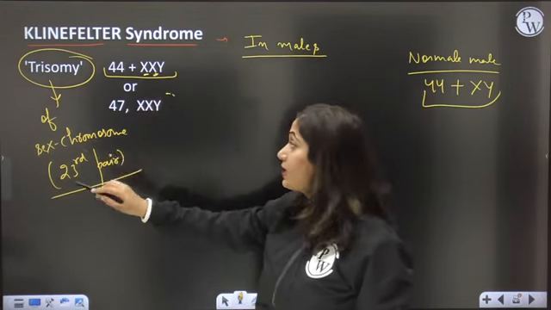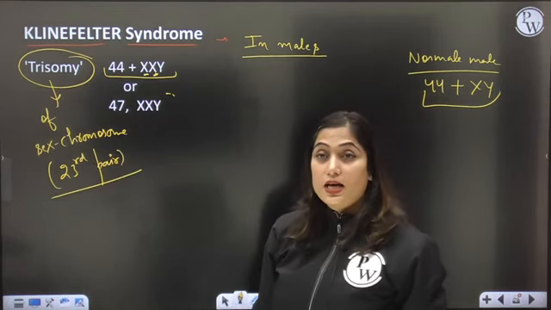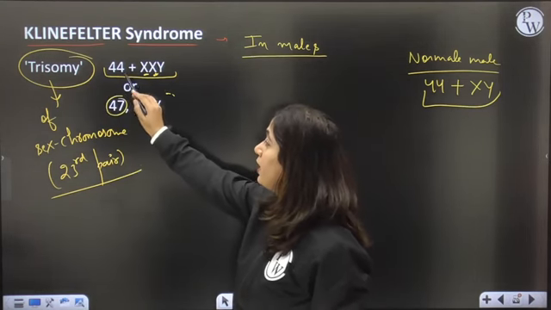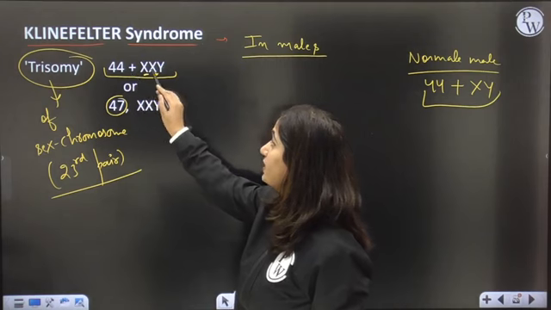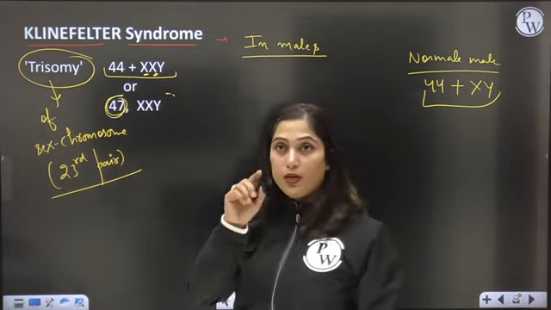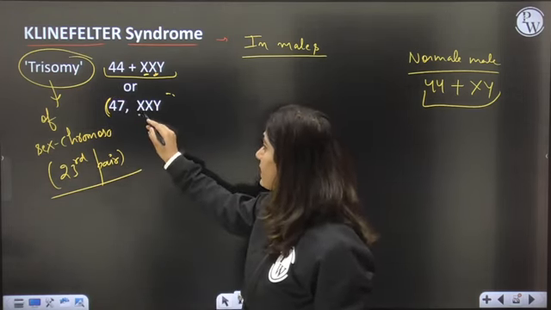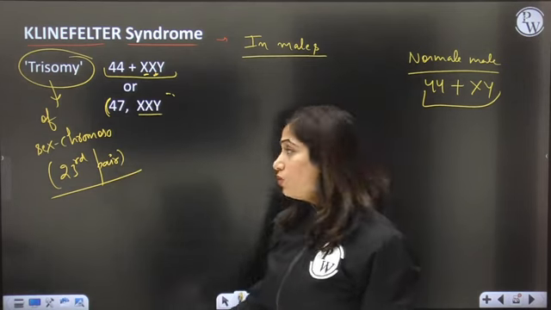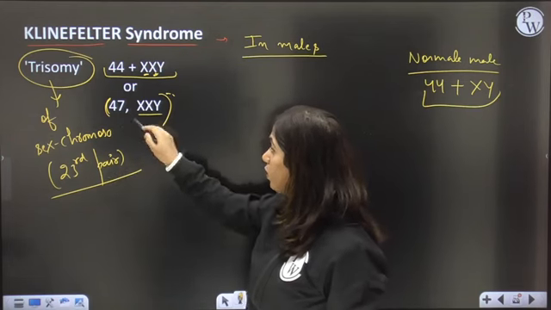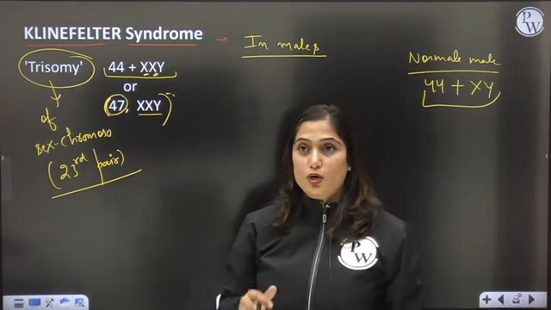So there is trisomy of sex chromosomes here. And there is another way we can write this condition. Either you write it as 44 plus XXY, or you write the total number of chromosomes, now increased to 47, comma, and the sex chromosomes XXY. So there are two ways to show Klinefelter syndrome: 44 plus XXY or 47, XXY, because the total number of chromosomes has now increased to 47.